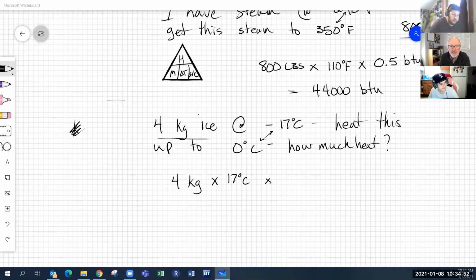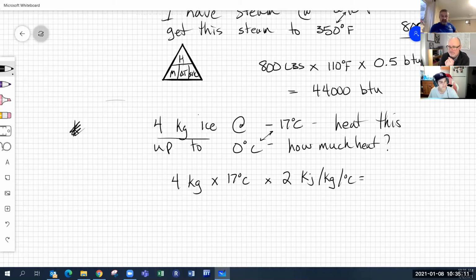Actually, the specific heat capacity of ice in metric is 2. Go back to that table in your book. It is 2 kilojoules per kilogram per degree Celsius. And that equals, yes, Alexander, you're exactly right, 136 kilojoules.